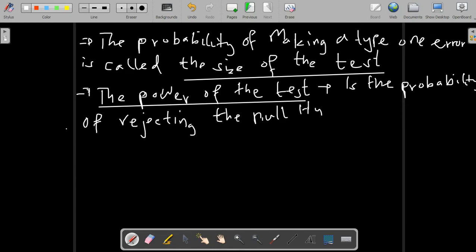The power of the test is given by 1 minus the probability of a type 2 error.